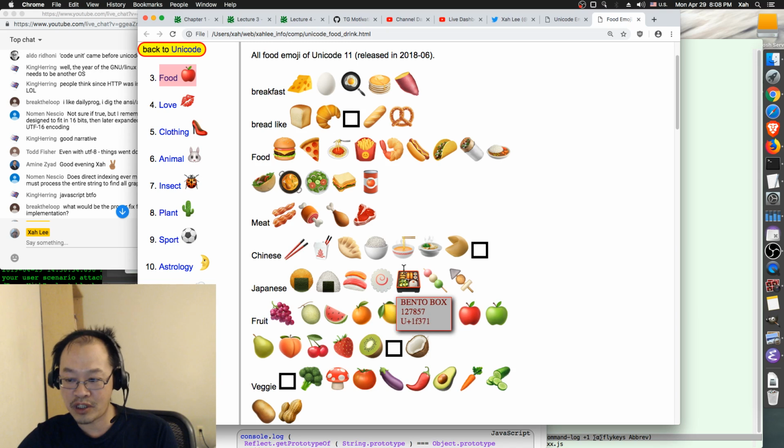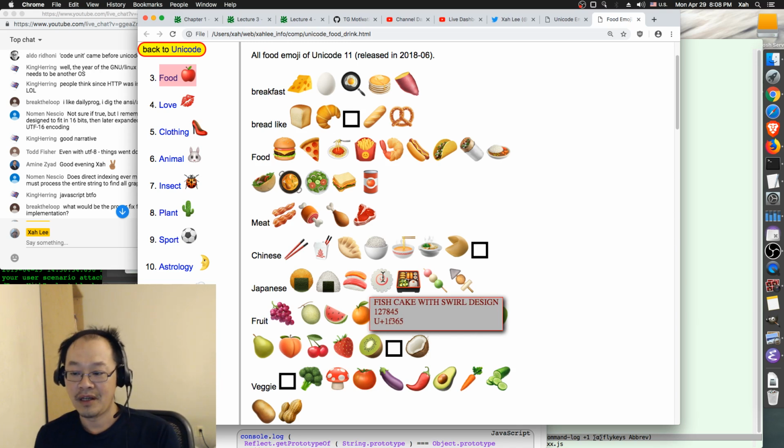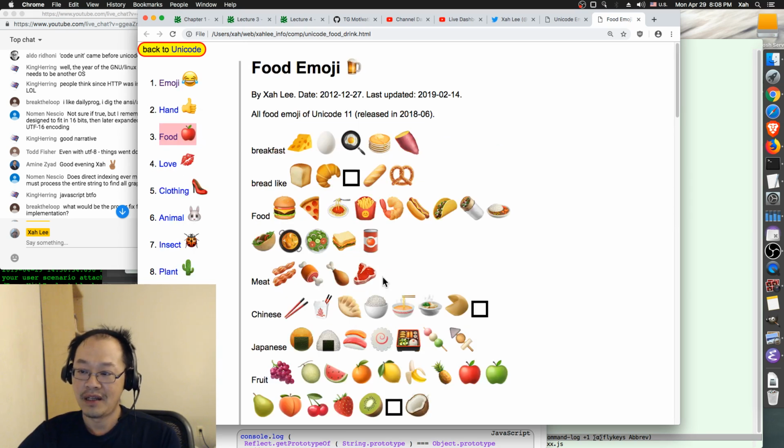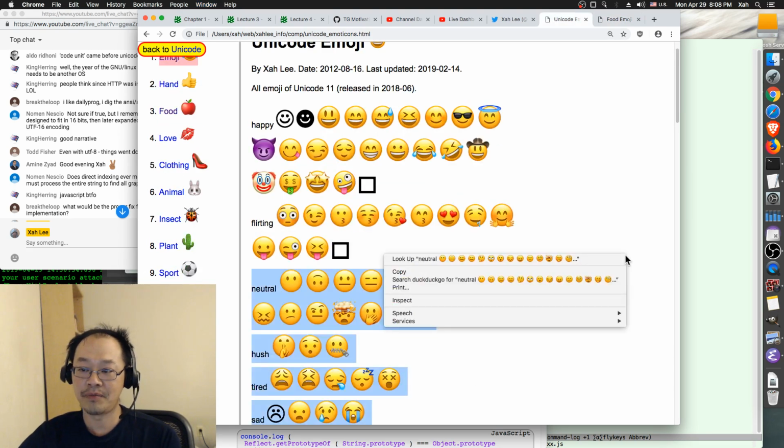For example, sushi on my phone looks different than the sushi on your phone. So Unicode got the idea that they can create a code point for the emoji. So they did that. So remember, this emoji origin is from Japan.